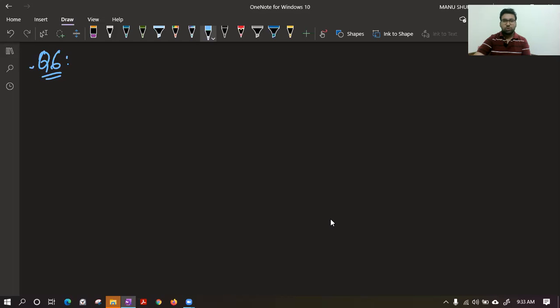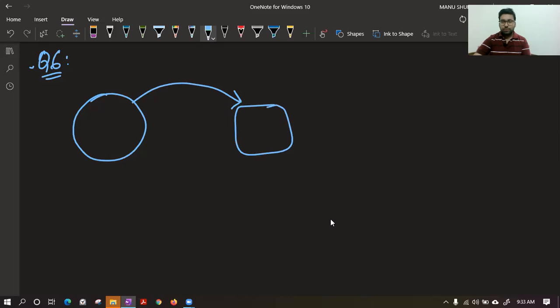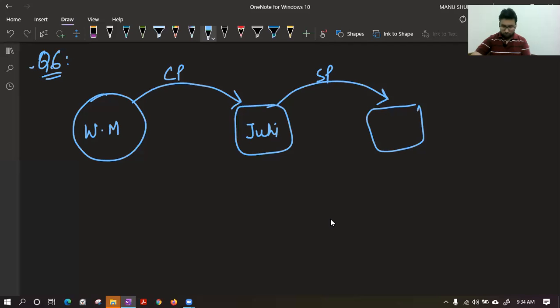So we have three situations. We are buying something. So suppose this is Juhi. Juhi purchased a washing machine and then she is selling it to someone. She is selling it at rupees 13,500.